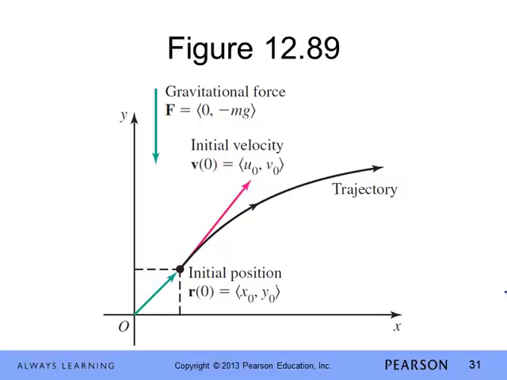And then once you know that initial velocity, then the rest of that motion is determined by gravity. But you already know gravity, so really the entire trajectory of that projectile is determined by the initial position and the initial velocity.